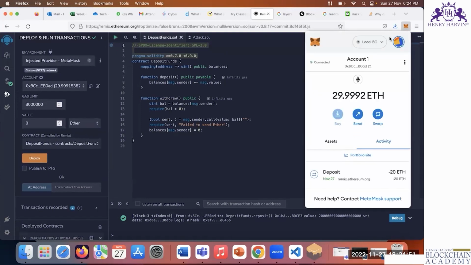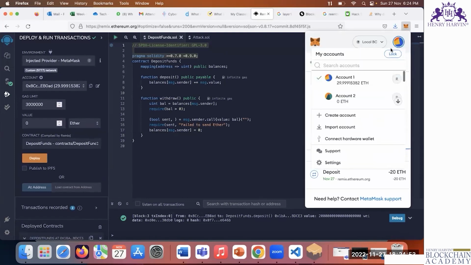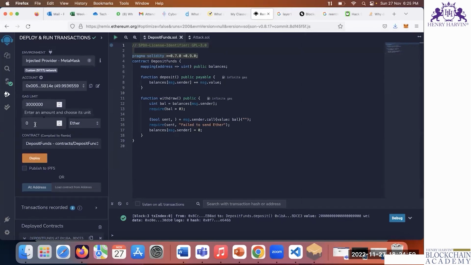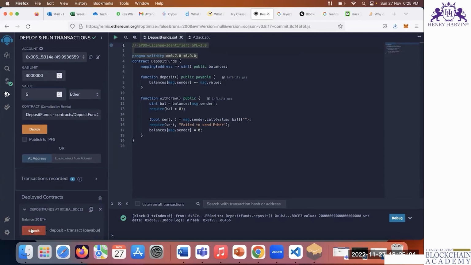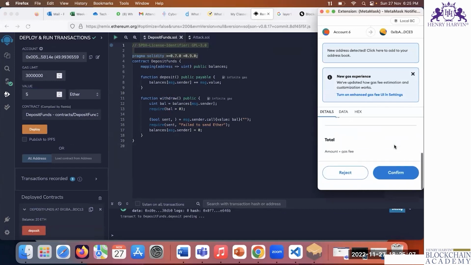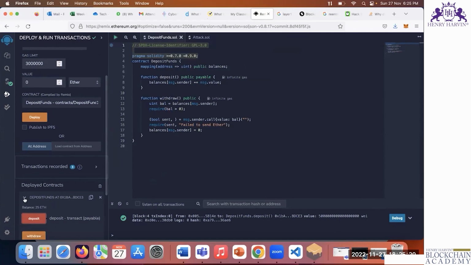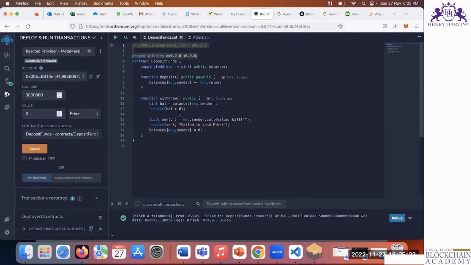Another person is also depositing an amount, 5 Ether. Okay, it is deposited. Now there are 25 Ethereum in this smart contract. That is our deposit fund smart contract.